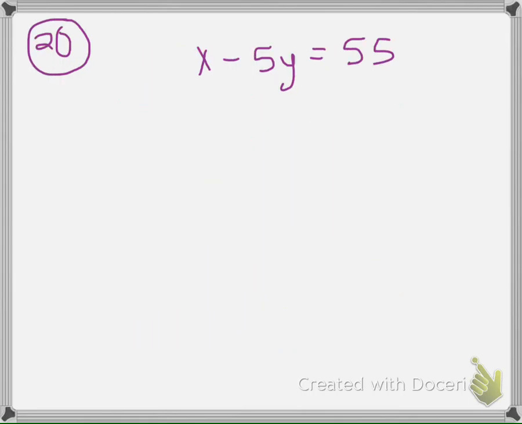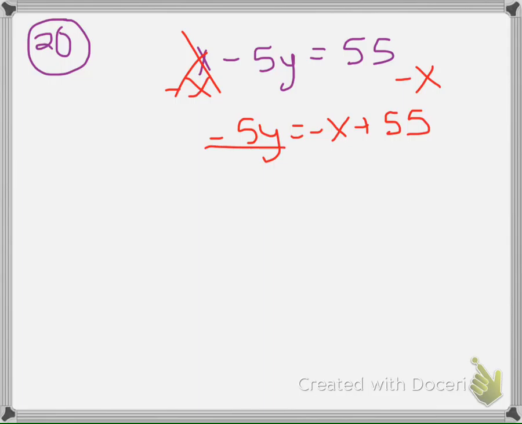Alright, last one. Again, I need to move x over, and since it's a positive x here, I subtract x. I'm left with negative 5y equals negative x plus 55. Then I need to divide by negative 5 on both sides to everything. These cancel out.